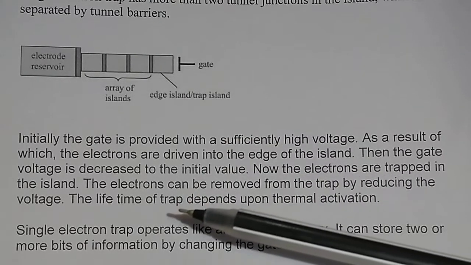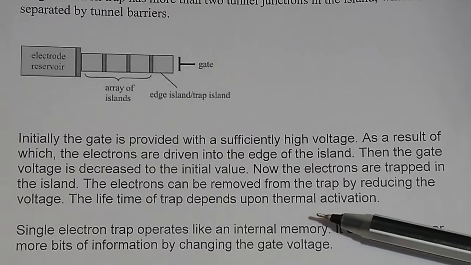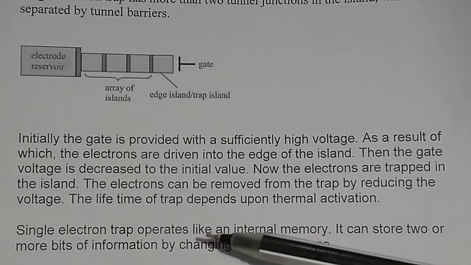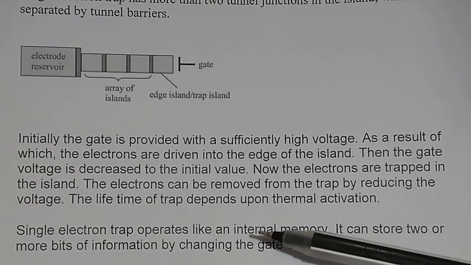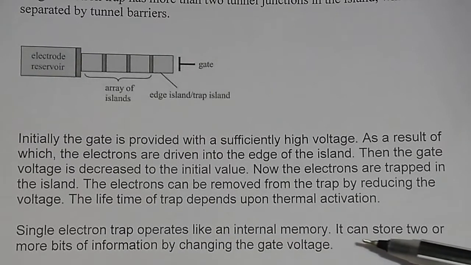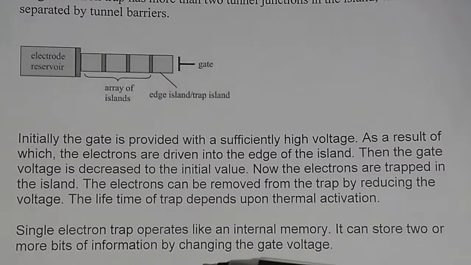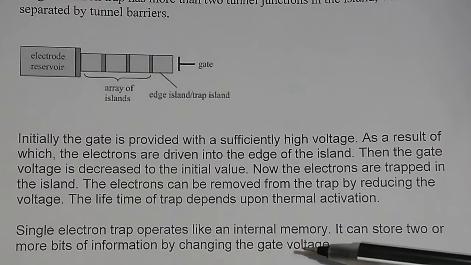The lifetime of the trap also depends upon thermal activation. Single electron trap operates like an internal memory. It can store two or more bits of information by changing the gate voltage.